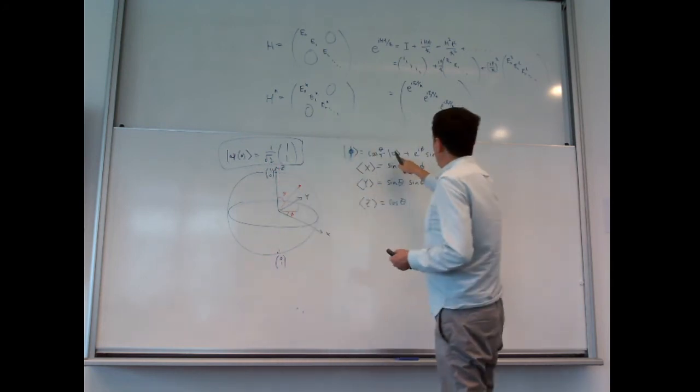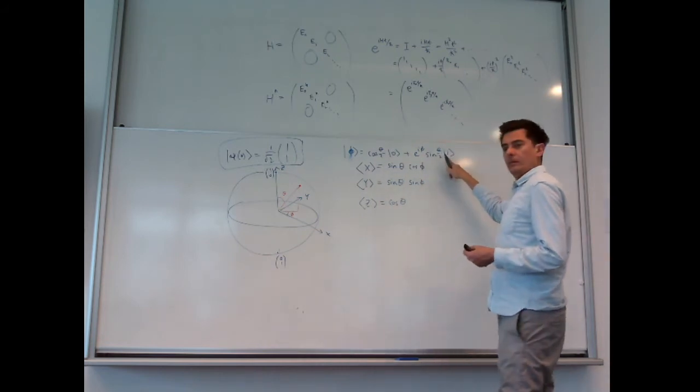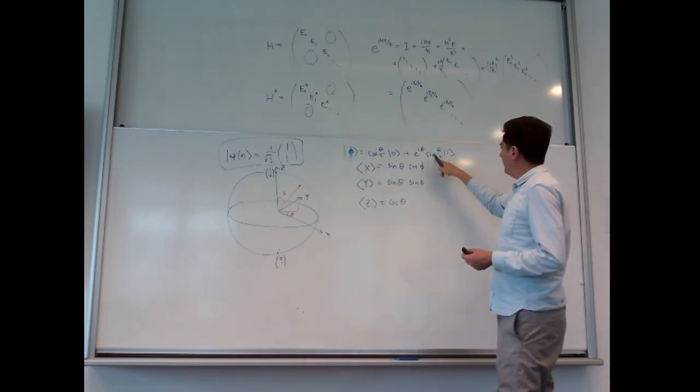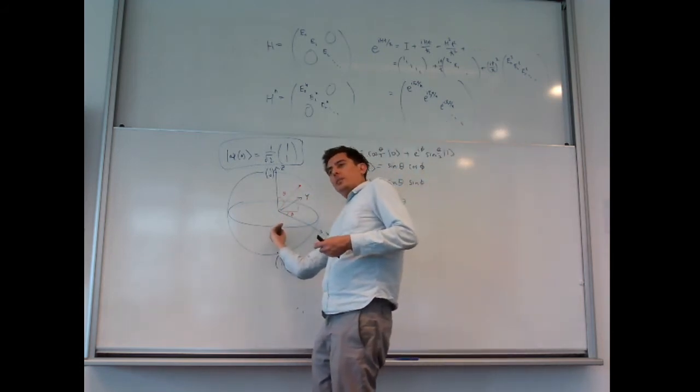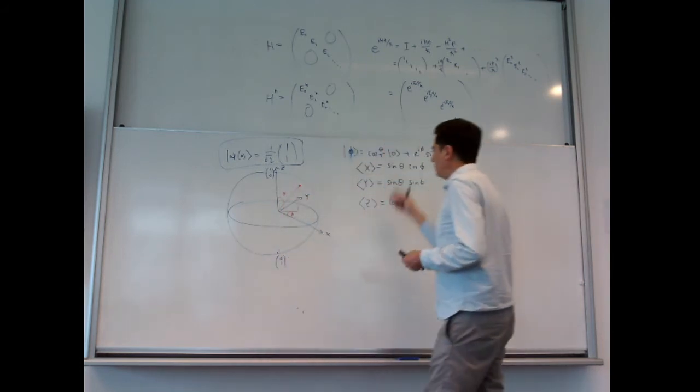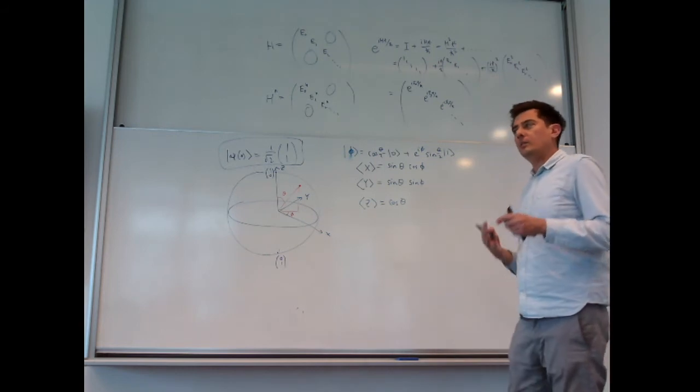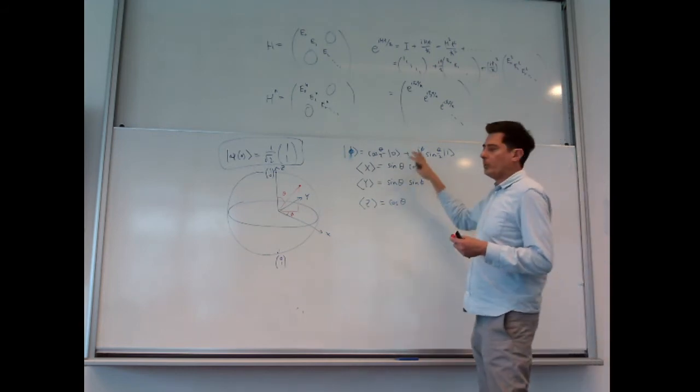For the state 0, 1, we need sine theta over 2 to be 1, and that happens when theta is pi. So that's at the South Pole. So this is just a parameterization to visualize all the possible states.